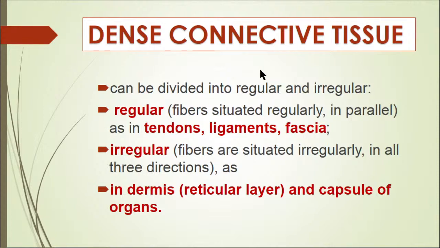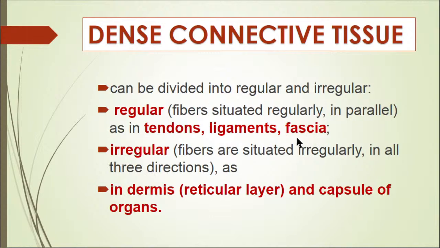What does it mean? Regular means that the fibers are situated regularly in parallel and form bundles, arranged in lines, which originate from fibroblasts and fibrocyte cells. Examples of regular dense connective tissue are tendon, ligaments, and fascia.